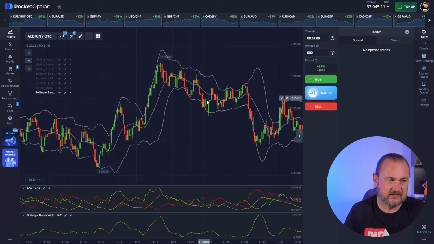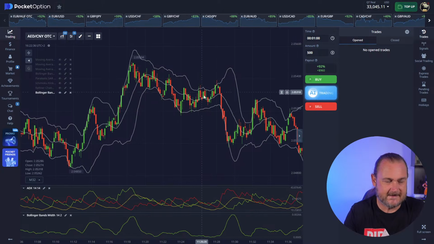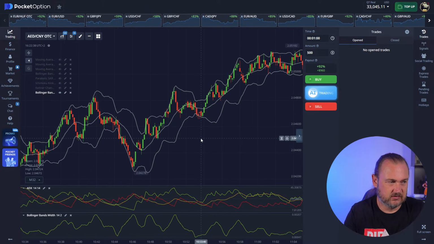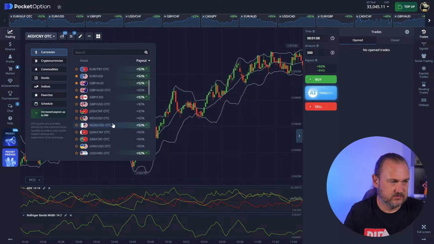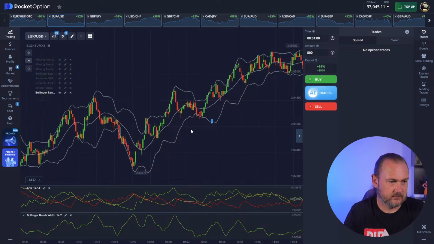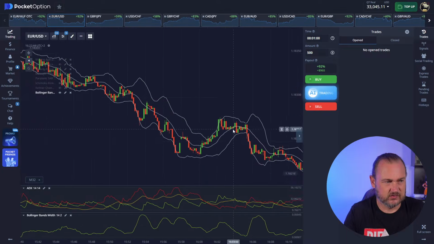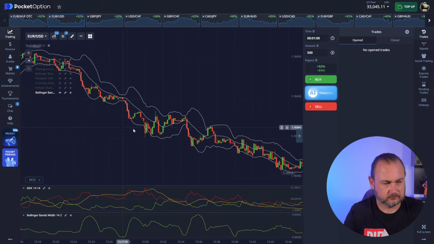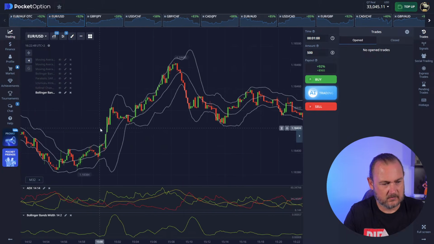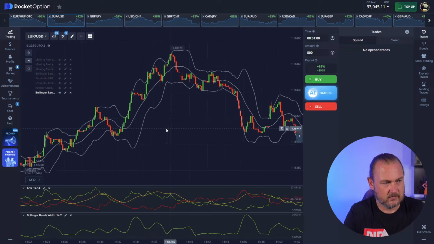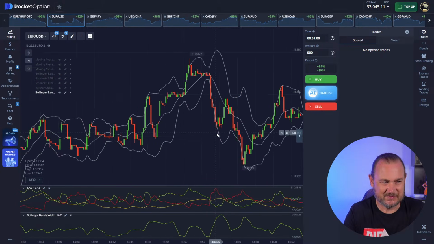Although these two lines were a little bit far from each other, not quite what I would like to see on a squeeze. Let's see if we maybe find a squeeze on the 10 seconds.